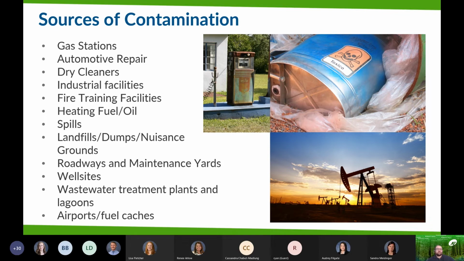The list is never ending, more or less. So there's always a potential, unless you have a perfectly undisturbed area. There's always something that could potentially be a contaminant source.